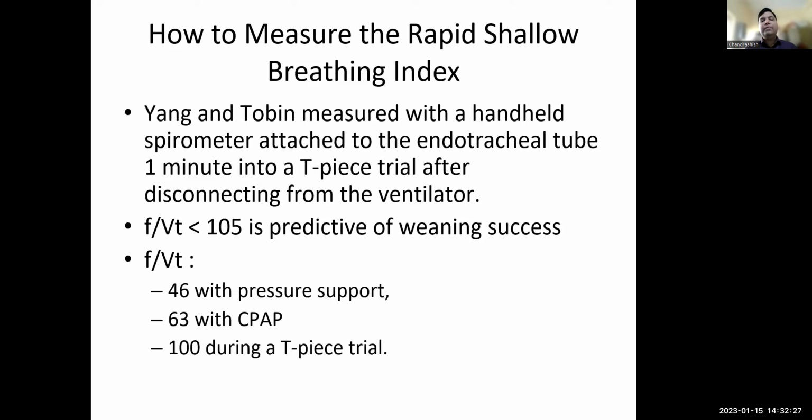So these numbers from 100 change to 46 with pressure support, or 63 with CPAP. So if you want to use RSBI in a modern context, keeping the patient on the ventilator just on a CPAP of 5 or a pressure support of 5 and a PEEP of 5, you can use these numbers 46 and 63 as a cutoff.